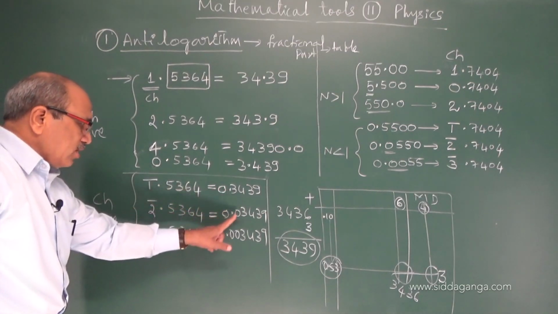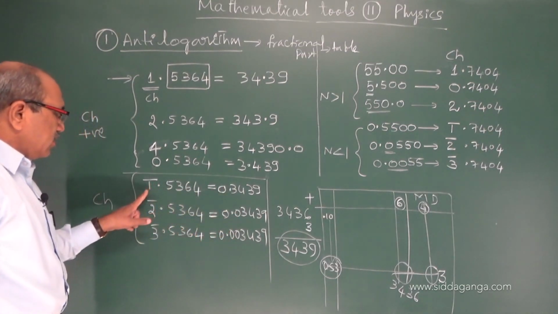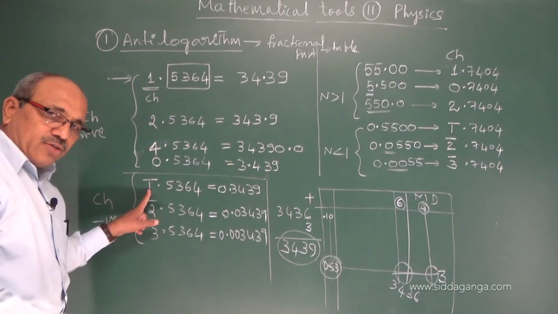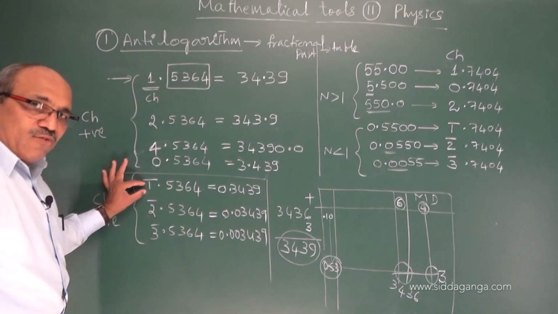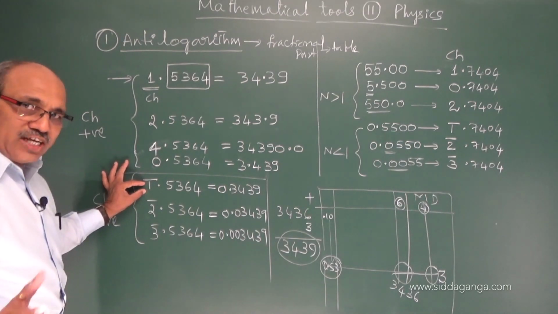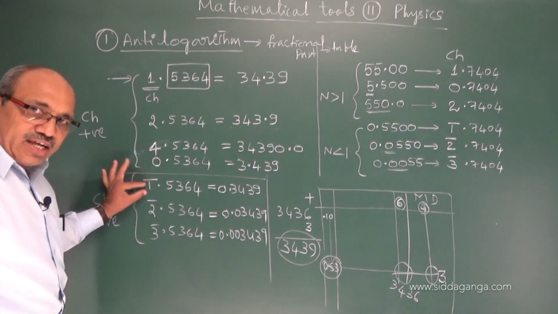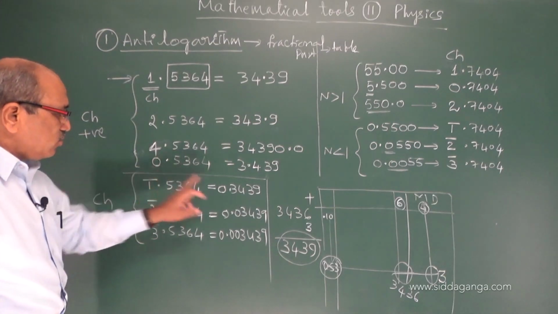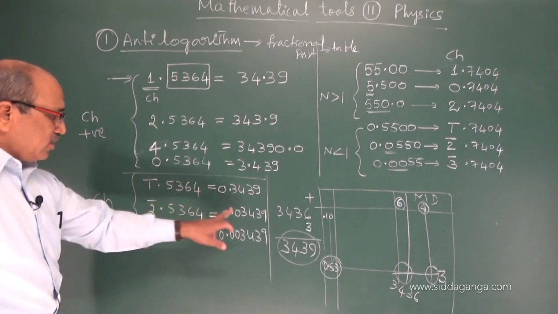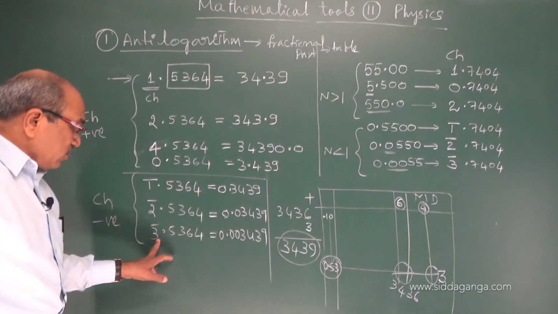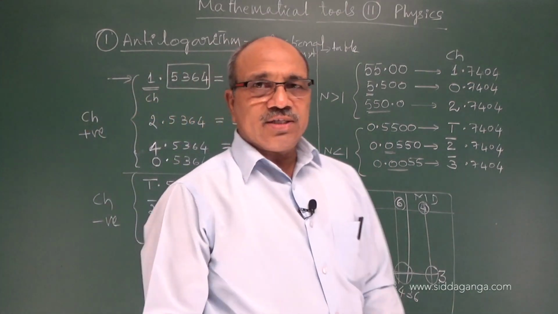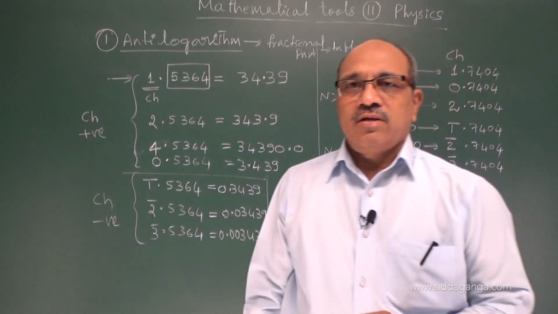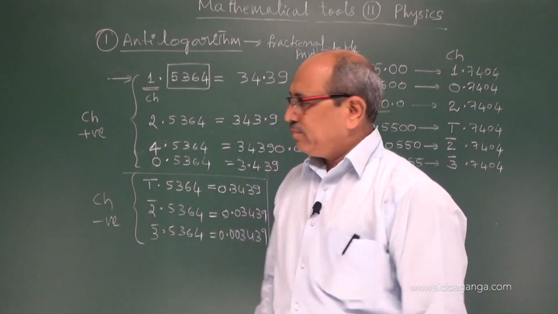How many zeros I have to put after the decimal point is: whatever the negative characteristic, subtract 1, taking only the numerical value, not the minus sign. 1 minus 1 becomes 0, no zeros. 2 minus 1 becomes 1, one zero. 3 minus 1 becomes 2, 2 zeros. Putting the decimal point, I hope you have followed it correctly.